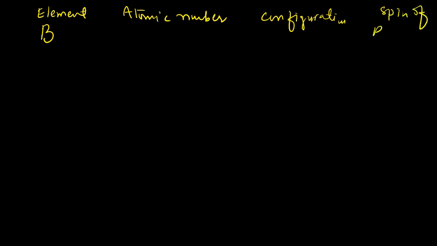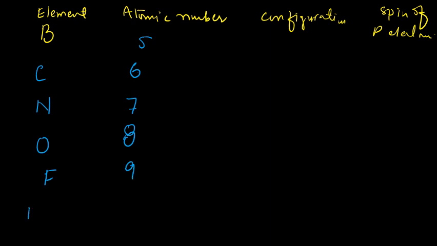Here we consider only the p subshell, so the spin of the p electrons according to Hund's rules. First we have boron, its atomic number is 5, then carbon with atomic number 6, nitrogen with 7, oxygen with atomic number 8, fluorine with atomic number 9, and neon with atomic number 10.